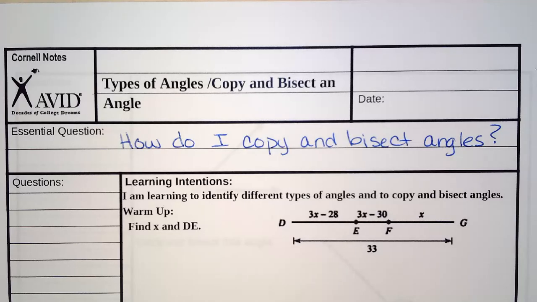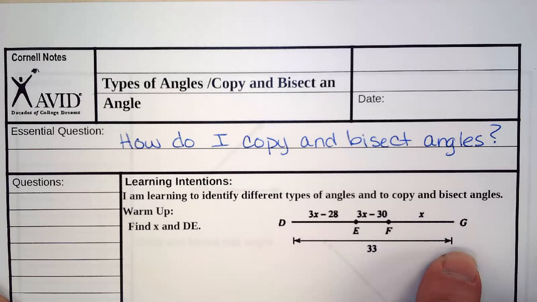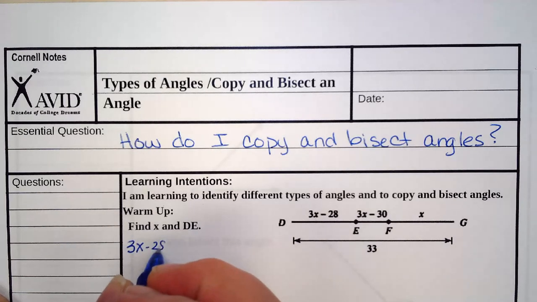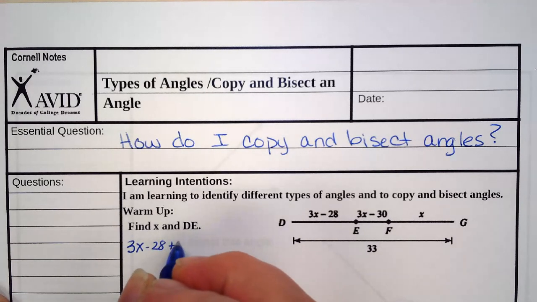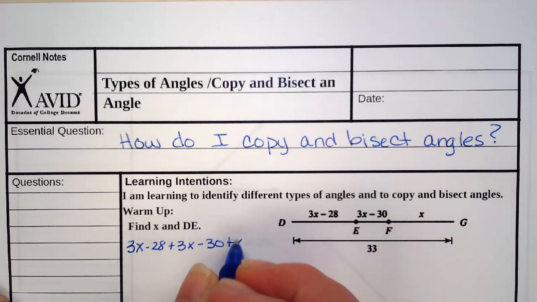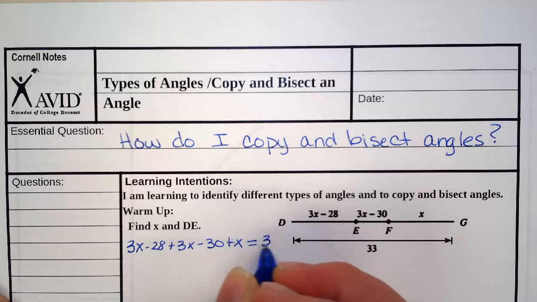Well, I hope you tried on your own. We know that according to segment addition, the whole length is equal to the sum of the pieces. So 3x minus 28 plus 3x minus 30 plus x is equal to 33.